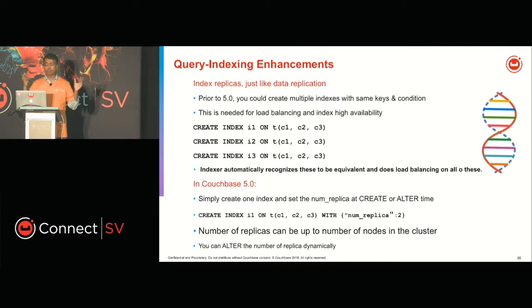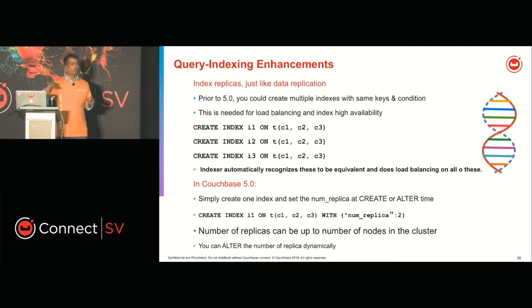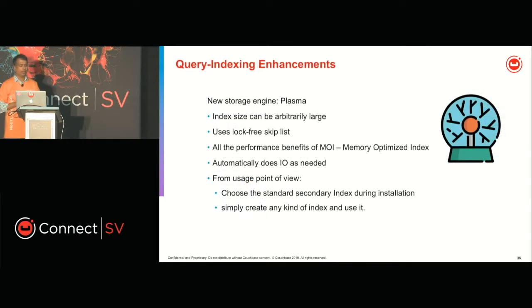In 5.0, you simply create a single index and say num replica 2. It will automatically create 3 indexes. Num replica is 0 by default if you don't give anything. It creates 1 index. If you say num replica 2, it creates 2 additional indexes.